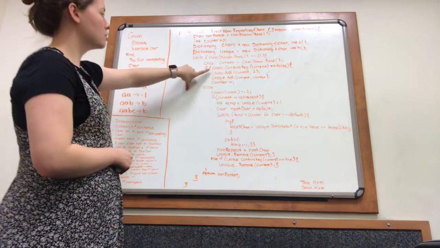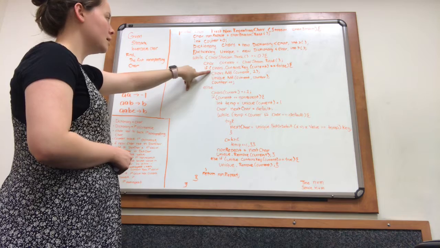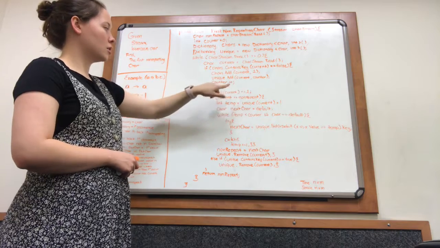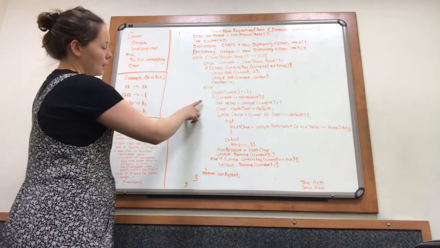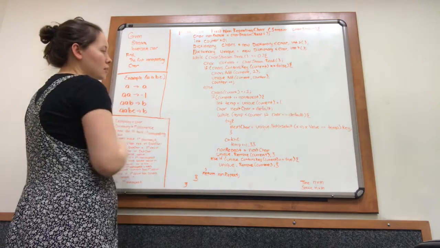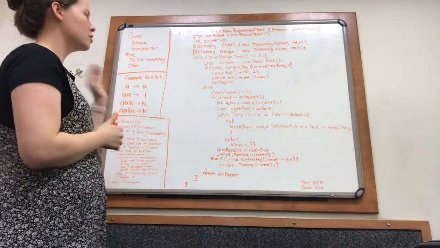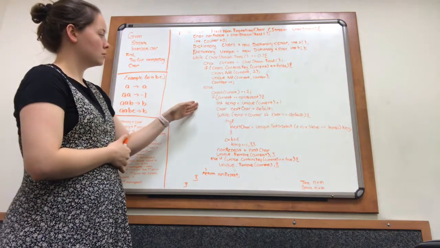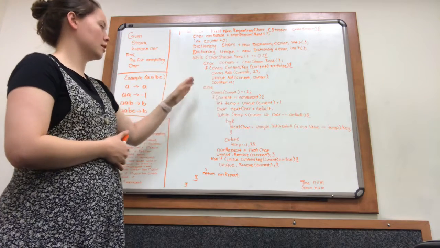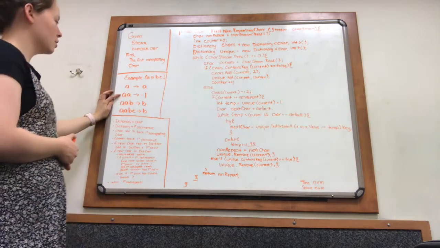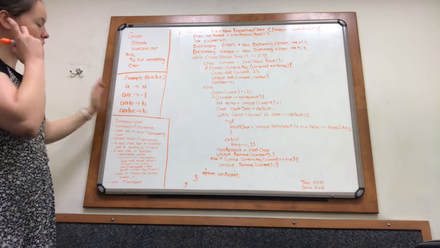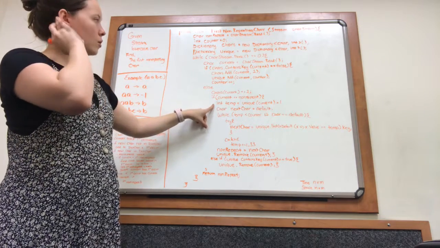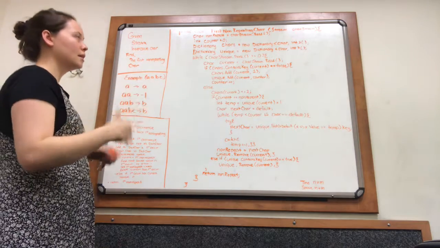If the character is a key in the character dictionary, then we're going to increment the current value, and then we're going to check if the current character is equal to our overall non-repeat character. So that's just like when we get another A. If it is, then we are looking for the next lowest value.